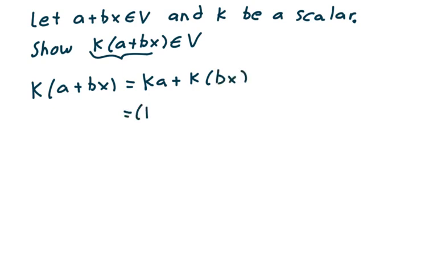But this is ka plus, using the associative property, kb times x. And in this form, that does belong to V, for sure, because ka and kb are real numbers.